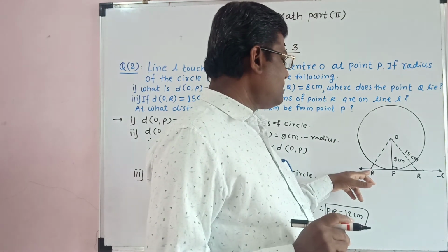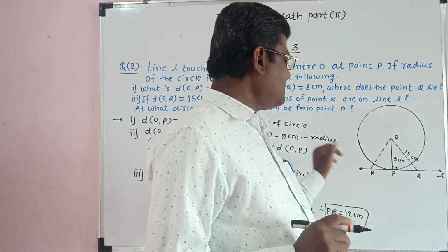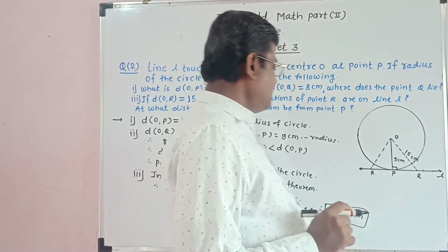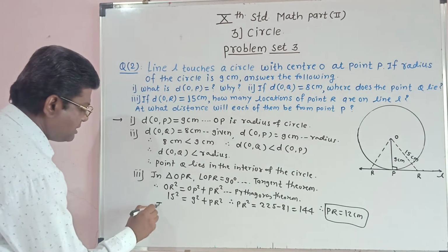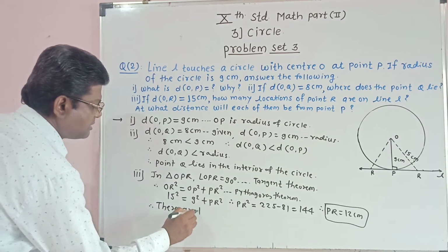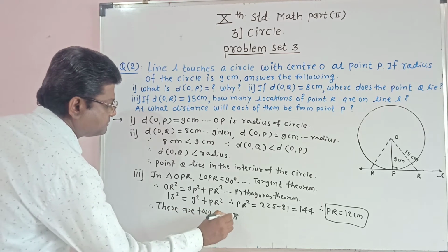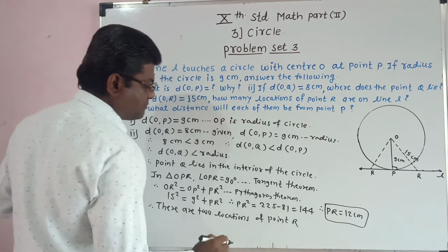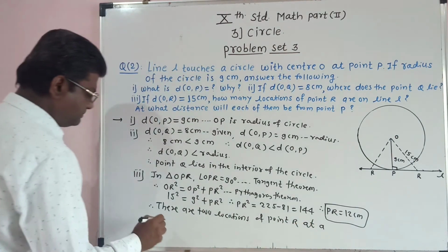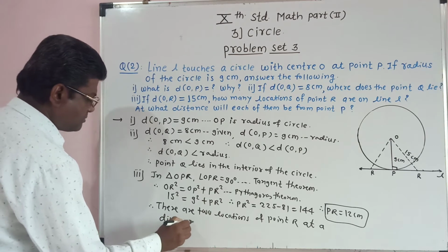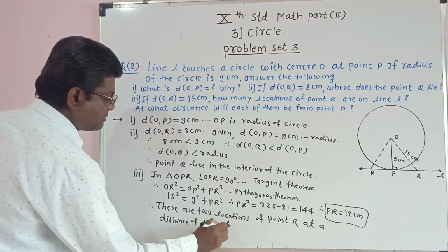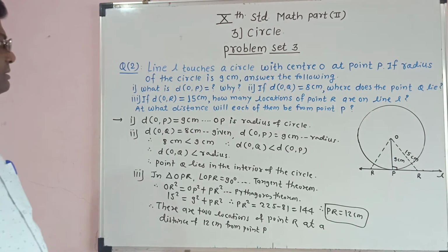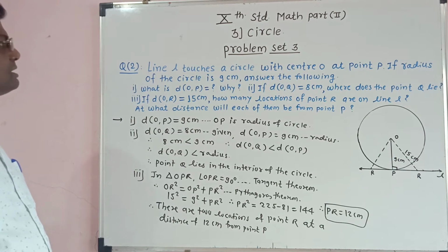There should be one another point R whose location from point P is at a distance 12 centimeter on the opposite side of P. Therefore we write there are two locations of point R at a distance of 12 centimeter from point P. This is our answer of question number 2.